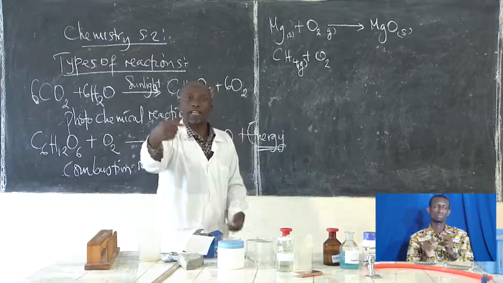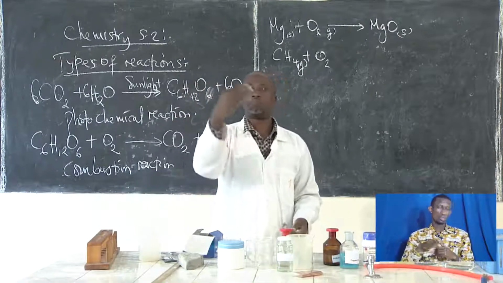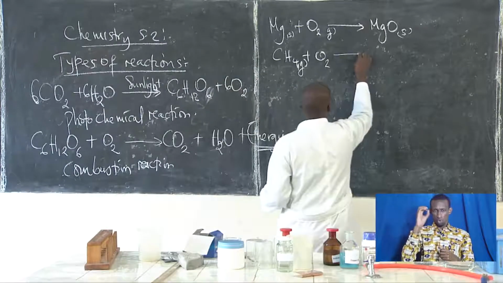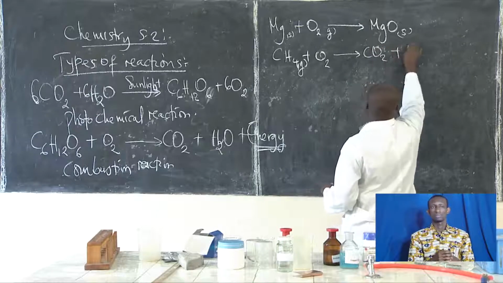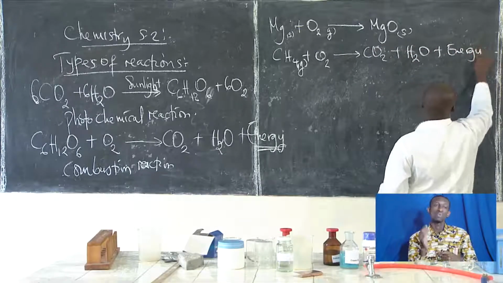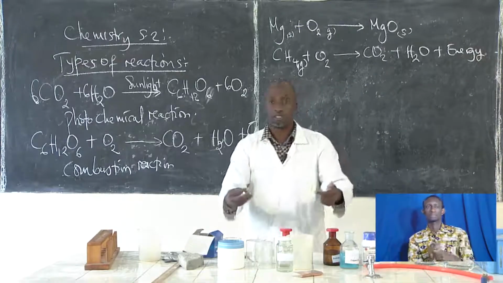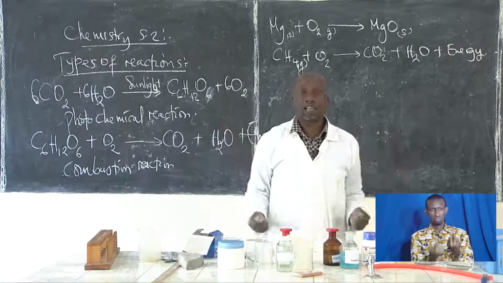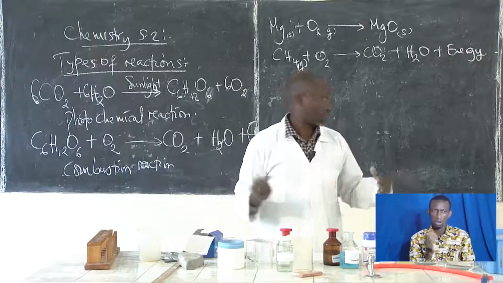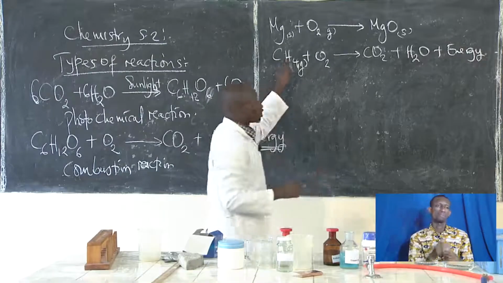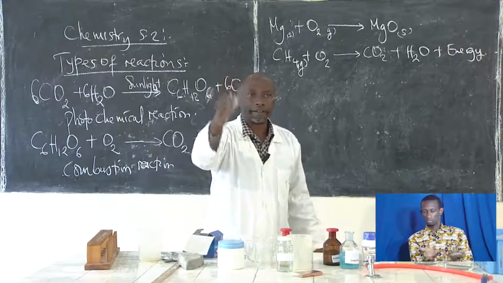It burns with oxygen and produces carbon dioxide and water, plus the energy that is produced in form of heat for cooking food, boiling water, and other activities in our home. So it is very important to remember this reaction. This is also a combustion reaction.